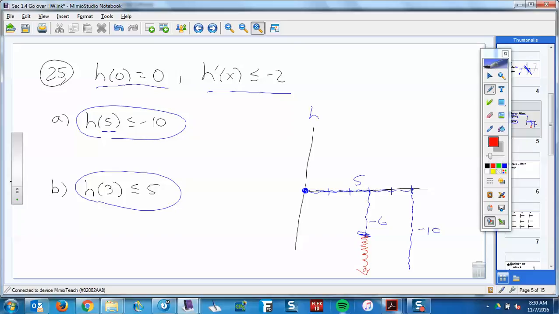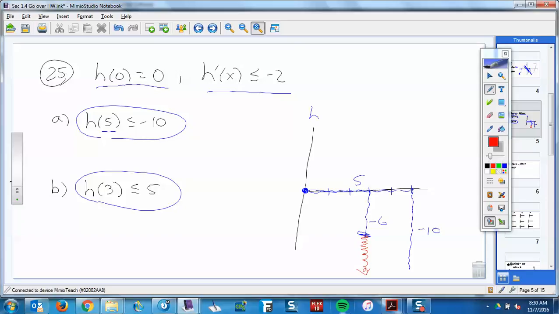Sometimes they say, find a number L. We had a question in one of our earlier homework assignments. Find a number L such that h of 3 is less than or equal to L. So what number would they be looking for as L? The -6, right? But couldn't 5 work?